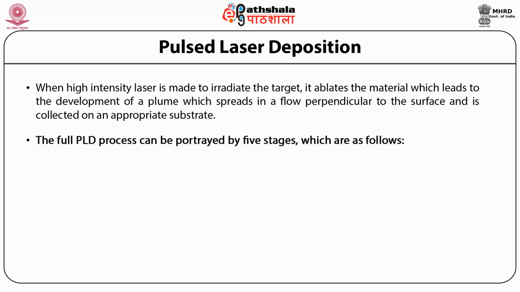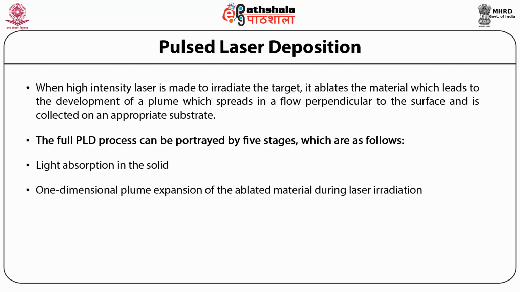The full PLD process can be portrayed by 5 stages, which are as follows. Number 1, light absorption in the solid. Second, one-dimensional plume expansion of the ablated material during laser irradiation.